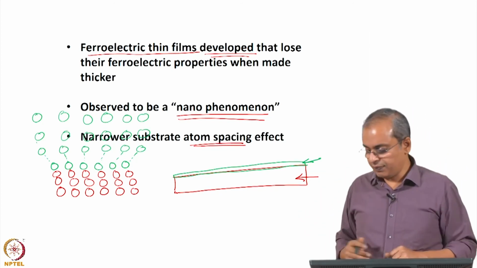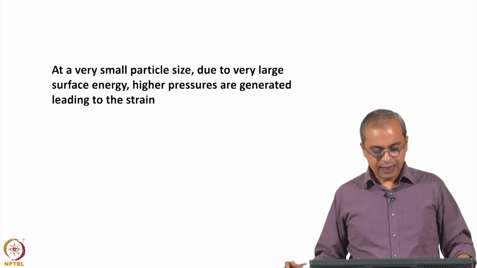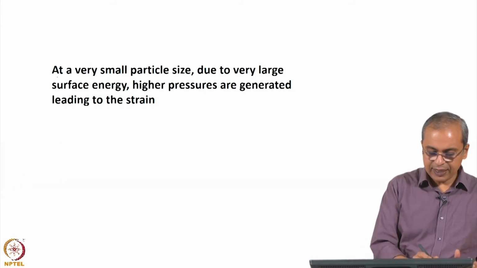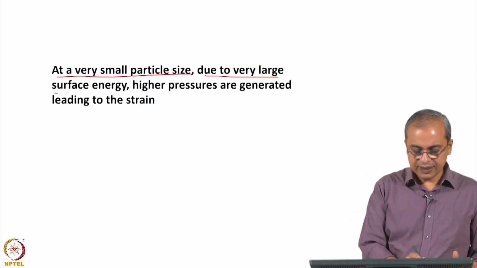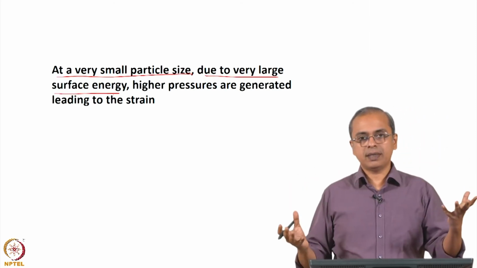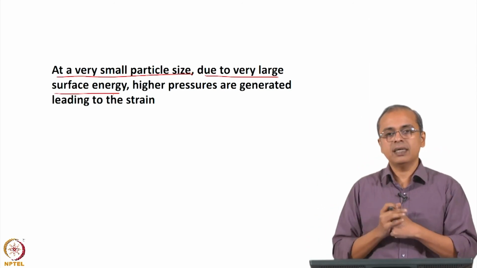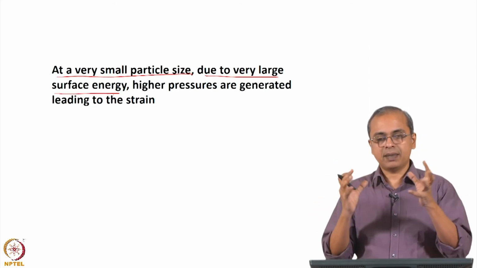Then they investigated the nanomaterial itself in some greater detail, and they reached the conclusion that at very small particle sizes, due to the very large surface energy of all those bonds that are still unsaturated, that are trying to reach out to each other to saturate themselves, they are effectively compressing the particle.